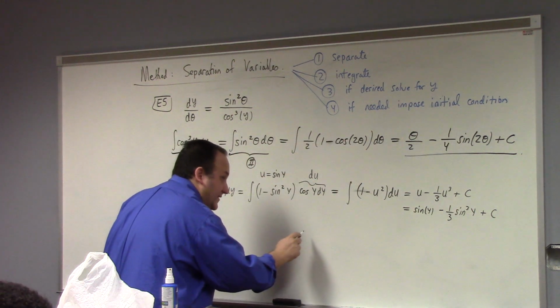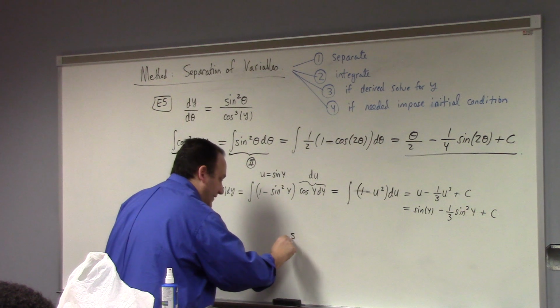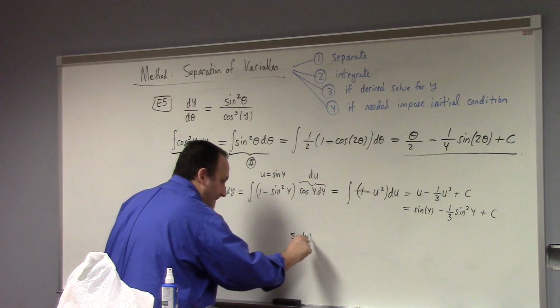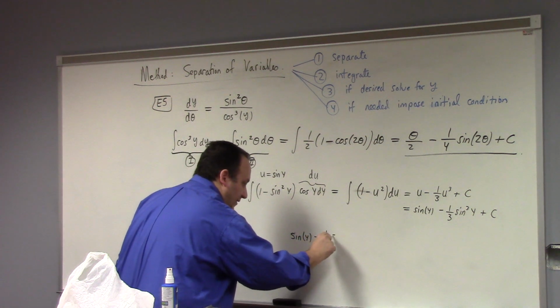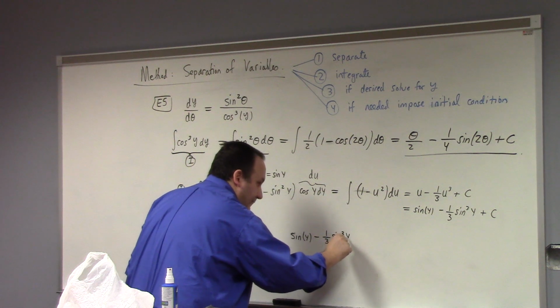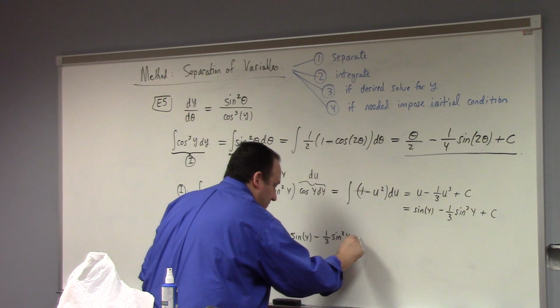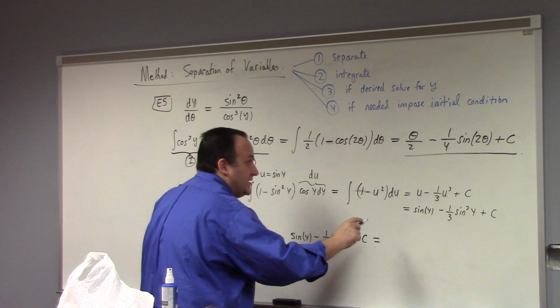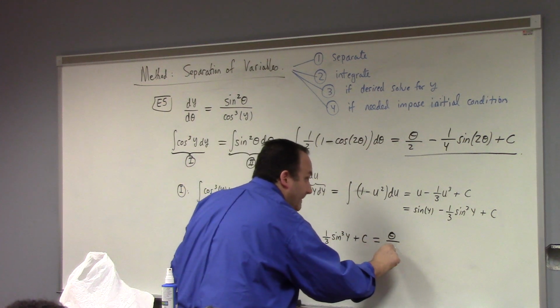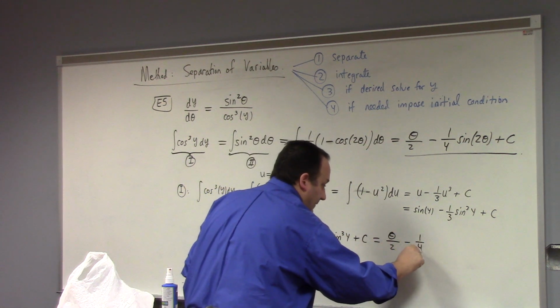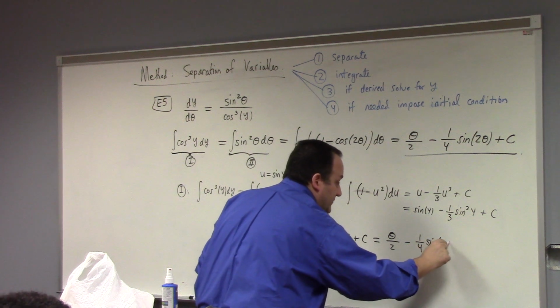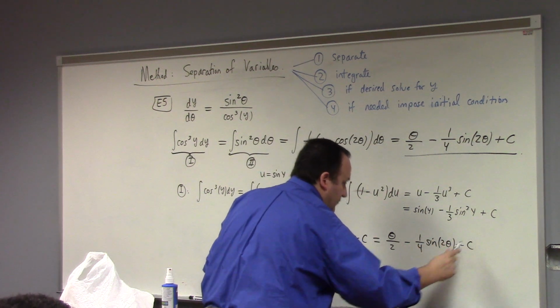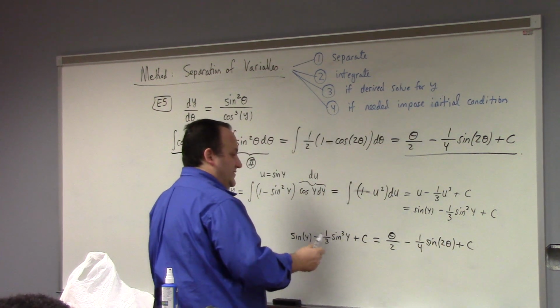So the general solution looks like sine of y minus 1/3 sine cubed y plus a constant equal to theta over 2 minus 1/4 sine of 2 theta plus a constant. Oops. I don't need two constants here, right?